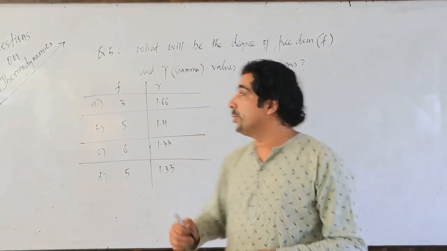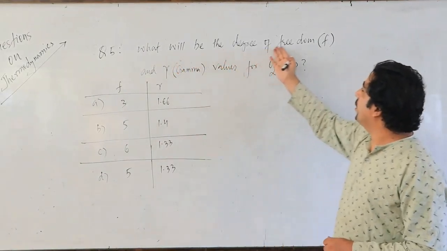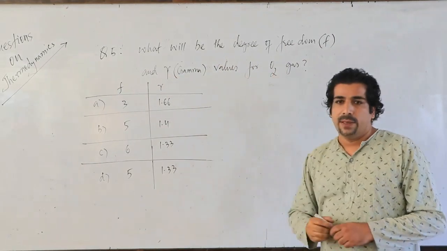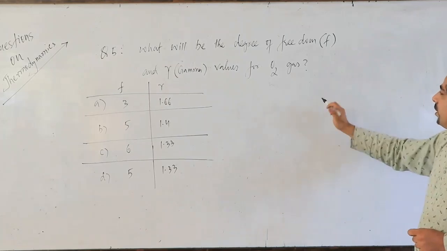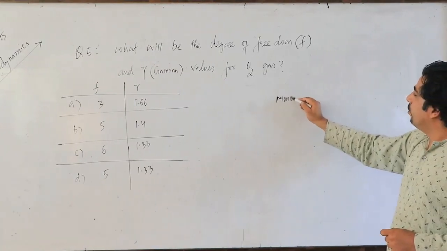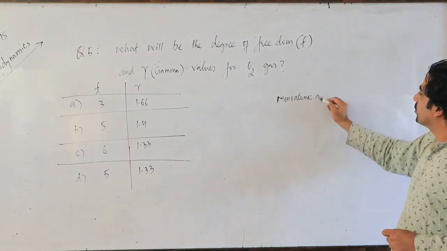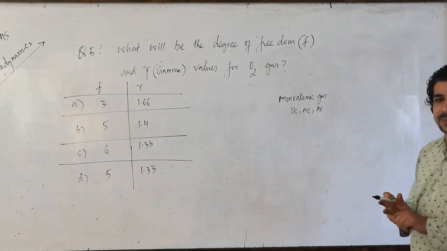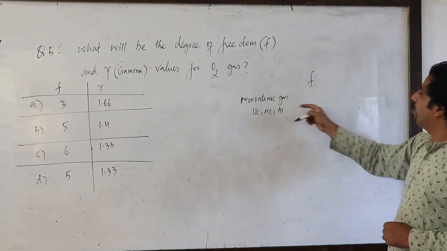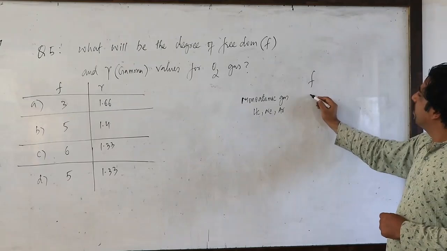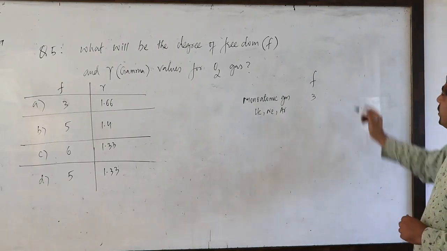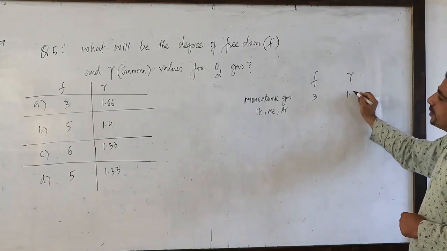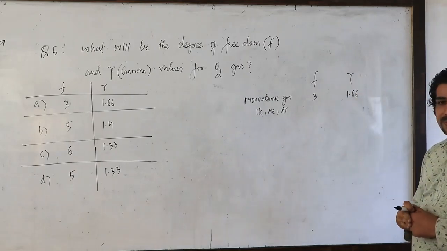So dear friends, let us do the question number 5. What will be the degree of freedom and gamma values for O2 gas? My dear friends, you are aware now that if we have a monoatomic gas like helium, neon, argon, we know that degree of freedom for the monoatomic gas is 3, and the gamma factor is 1.66.